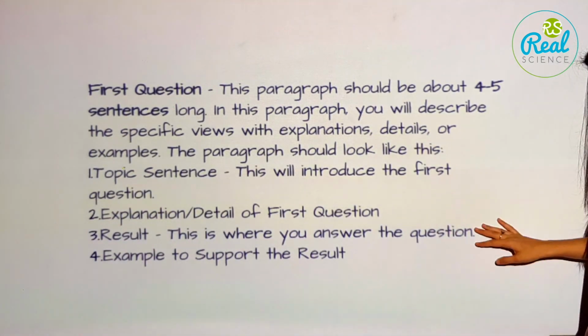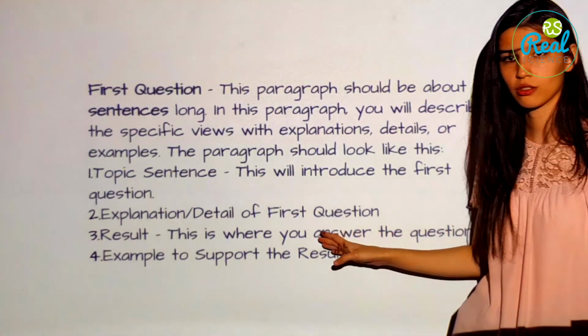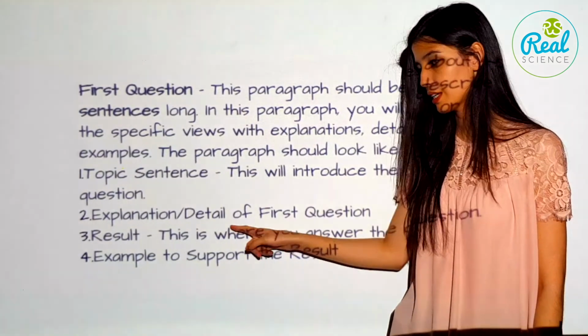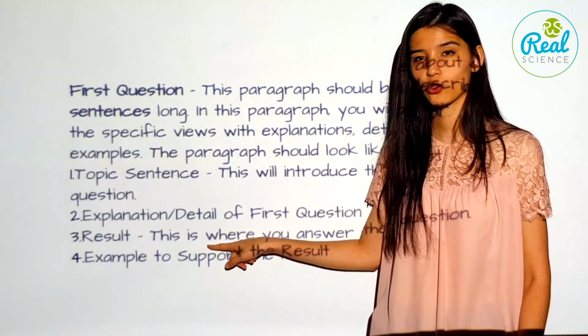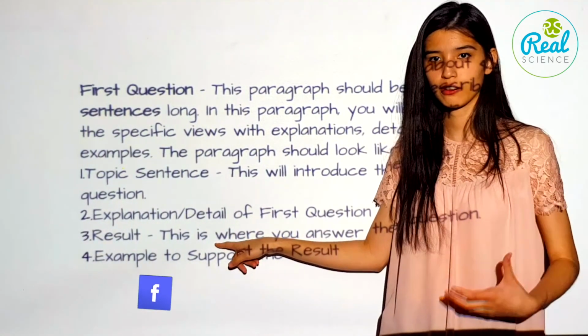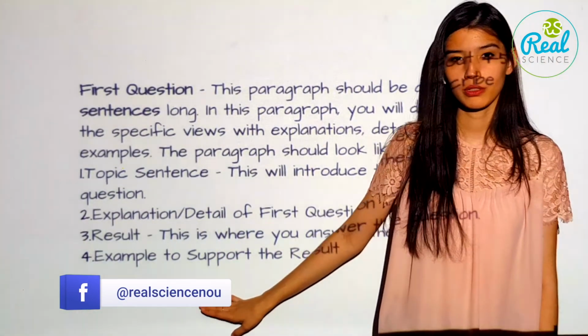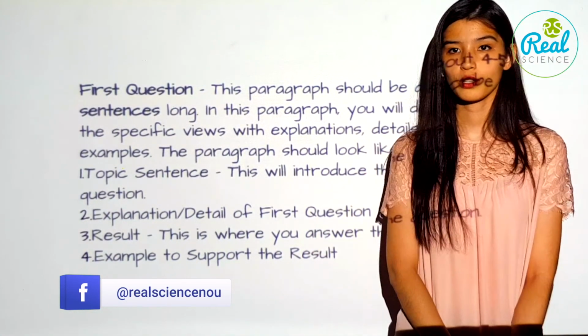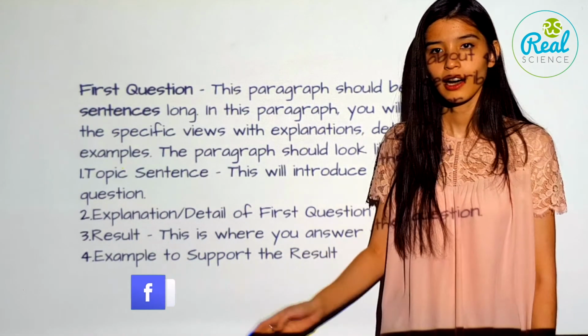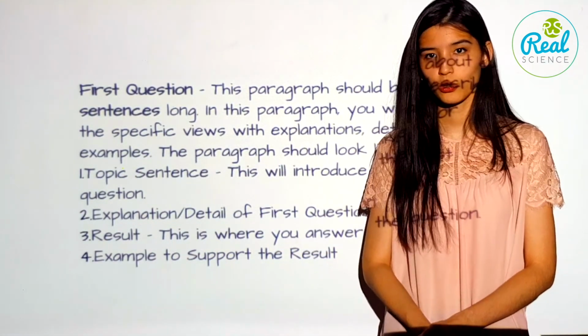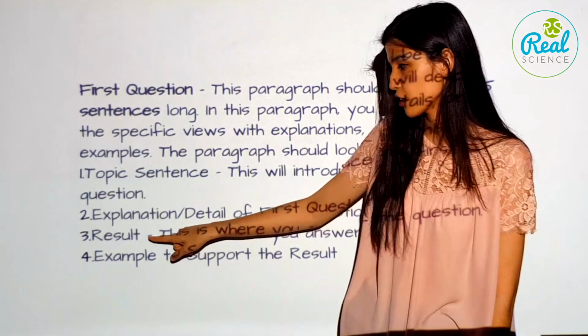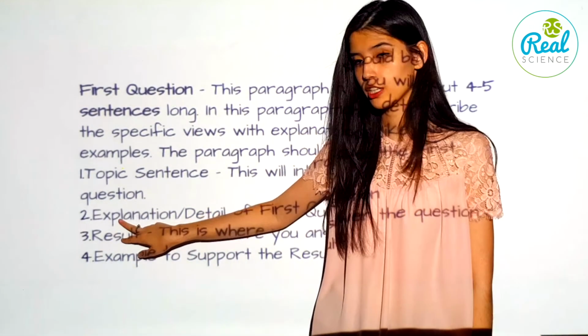After it comes the result, this is where you have to answer the question. This is the main part, and this sentence should not be simple, it should be complex or compound where you give more details. And last, you can give the example. The example should be, of course, academic. Here you can exclude the concluding sentence because you have the result plus explanation.